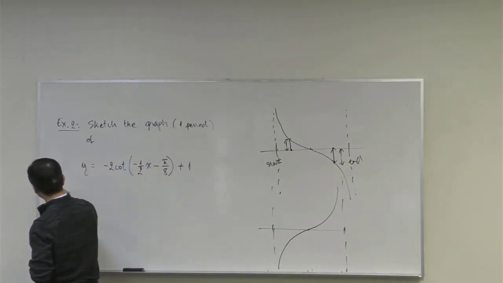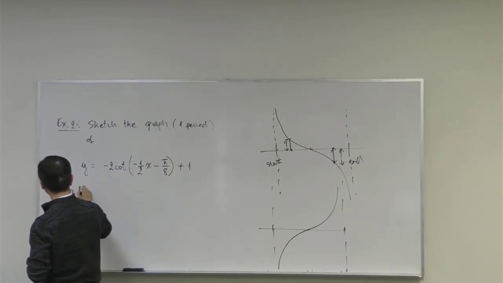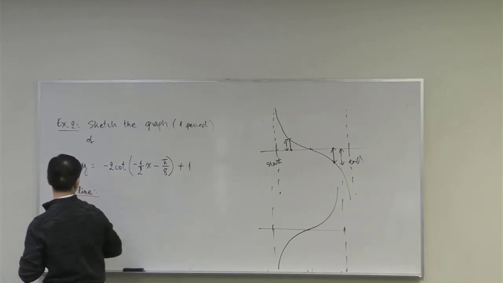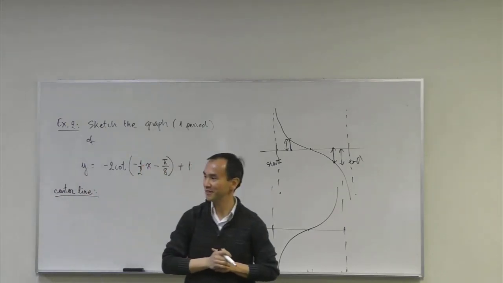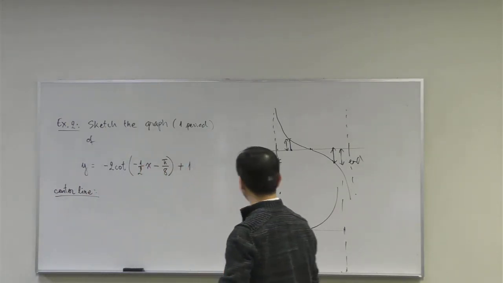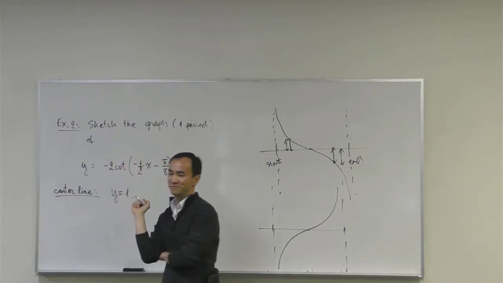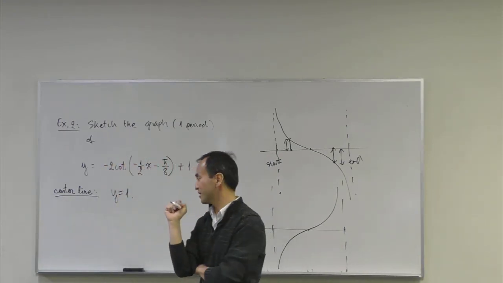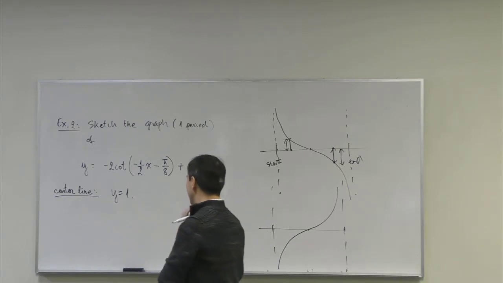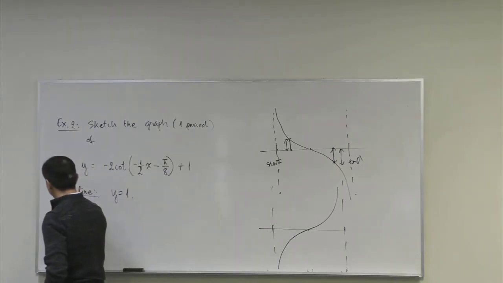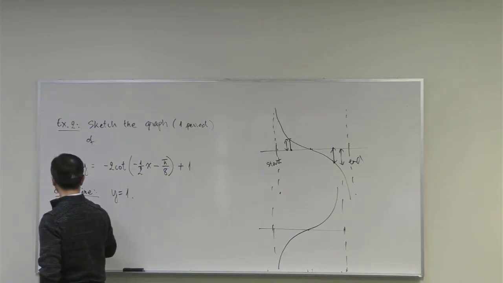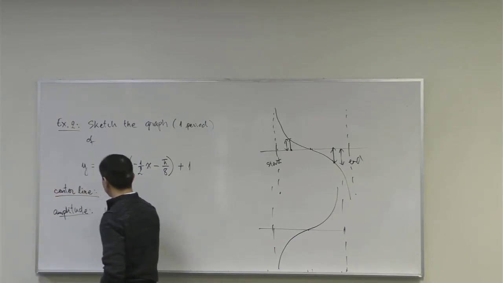The center line for this graph. We've done center line frequently enough. So can anyone help me with the center line of our graph right here? y equals 1. Right? That's the line y equals 1. Okay. So we've got a center line. So amplitude for tangent and cotangent, we don't really have an amplitude value, so that's not applicable.